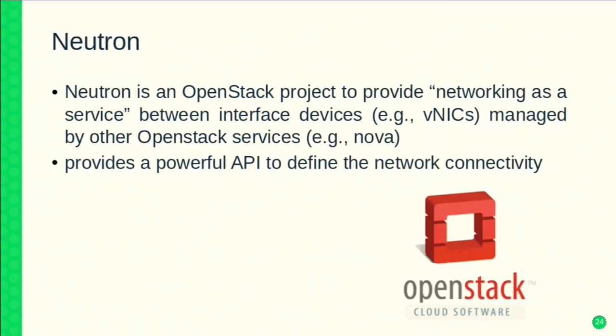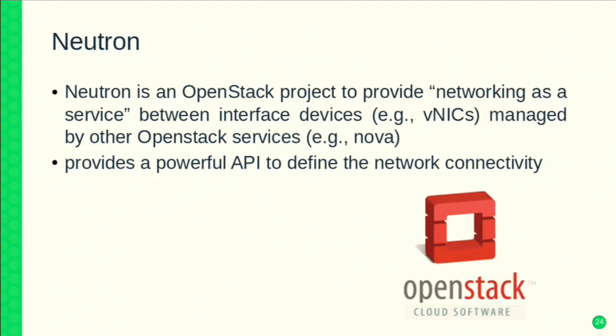The goal of Neutron is to provide networking as a service, to manage the connectivity between the virtual interfaces that connect to VMs. It also provides an API to configure this connectivity.